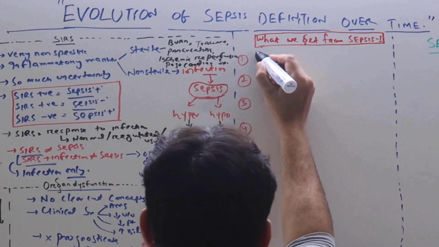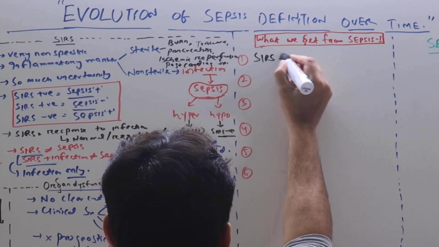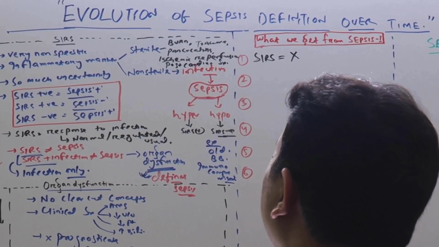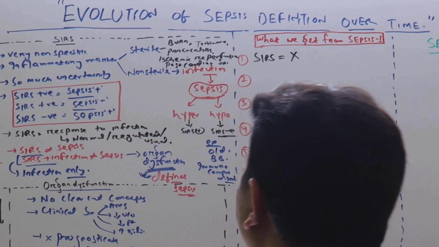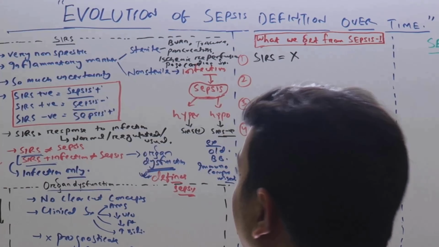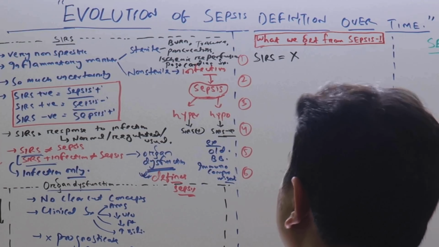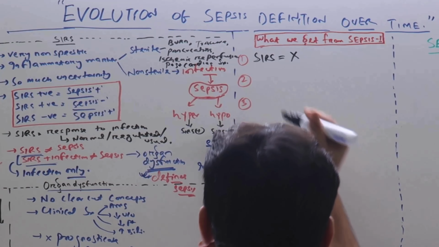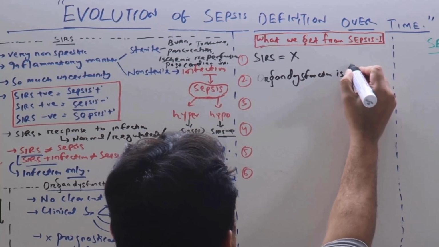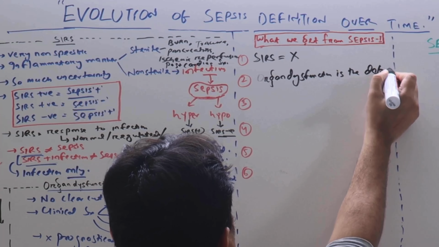Number one, SIRS is not required now because it is so non-specific, so variable, it is found commonly in many types of diseases. You just cannot use it to diagnose sepsis. So SIRS is gone. Second point is organ dysfunction is the defining feature. This you have to remember.